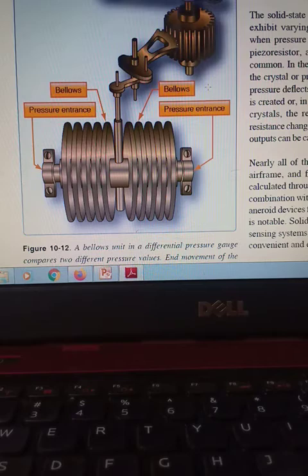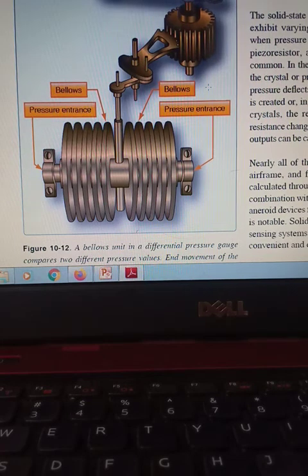Next is the types of pressure. I think all of you already know the types of pressure since the majority are passing your assignment. So what is pressure?